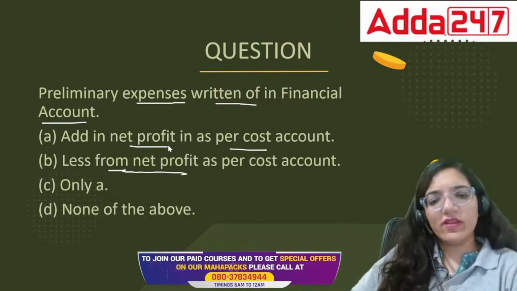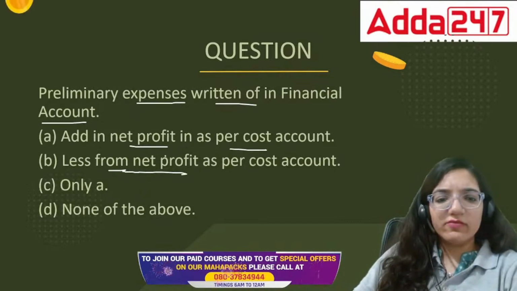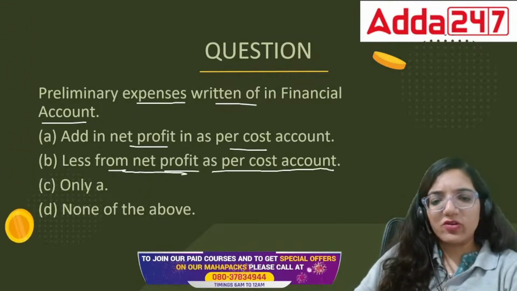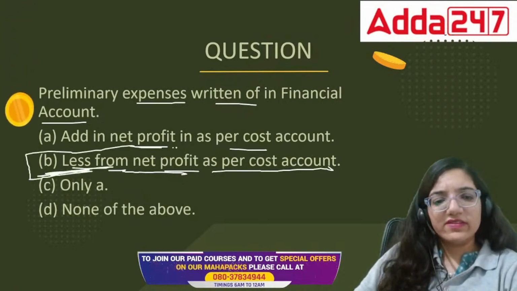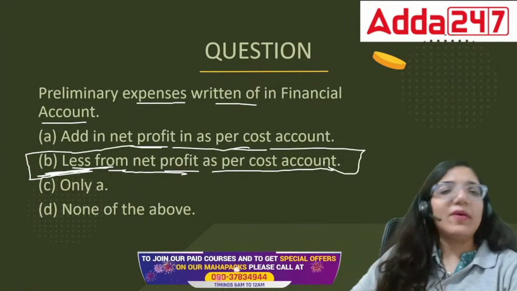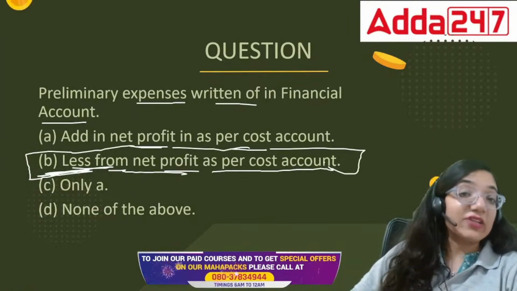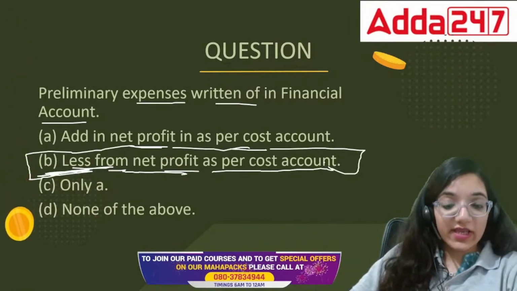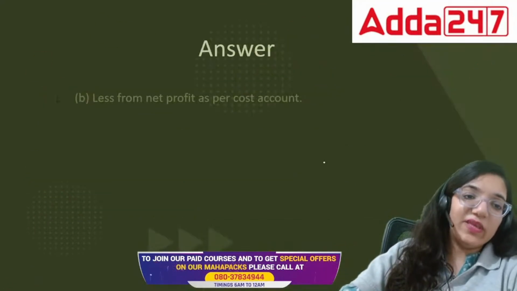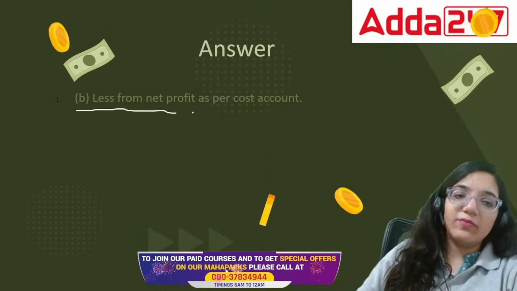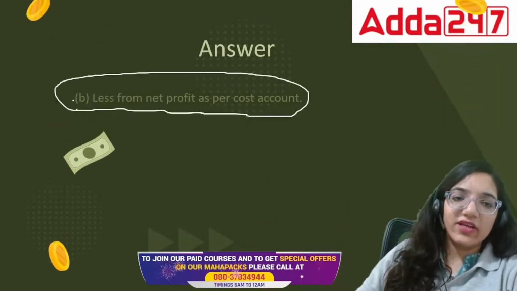Expenses written off in the financial account would be removed from the net profit as per the cost account. This is less. This is never a part of the cost sheet. Under the cost sheet, the financial things are not included. Only the costing-based things are included. So in this case, it's B, less from net profit as per the cost account.